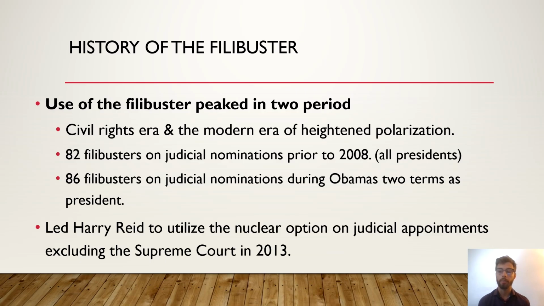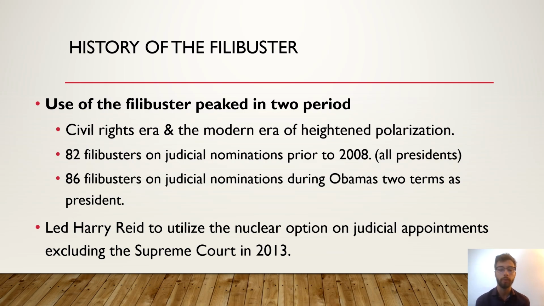Prior to Barack Obama's term as president, in all of U.S. history, there were a combined 82 filibusters on judicial nominations. So we saw more filibusters on judicial nominations during a single two-term presidency than in our entire U.S. history. This significantly delayed our judicial branch's ability to have federal court hearings and procedures and delayed the right to a speedy trial for many citizens within the United States.